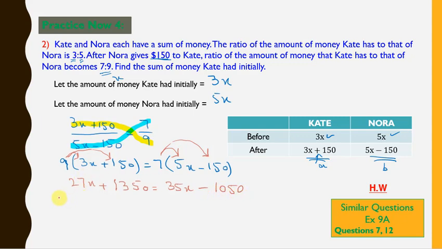We will arrange the like terms. 27x and 35x, when we shift it to this side it is plus, when we shift it, it will be minus 35x. Here we have minus 1050, and when we shift this 1350 to the other side of the equation, its sign will change. We have minus 1350.